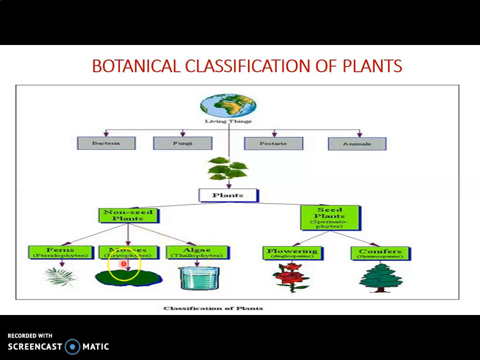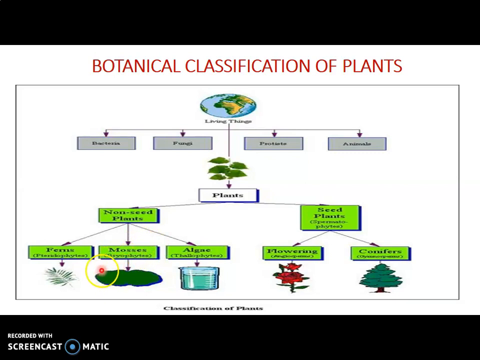If we come to the bryophyte, what are the characteristics of bryophytes? They are non-vascular plants, which means they don't have vascular bundles. Remember, the two things that make up the vascular tissue are the xylem and the phloem. So the mosses don't have xylem and phloem.